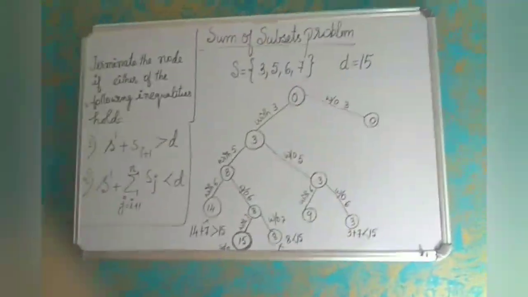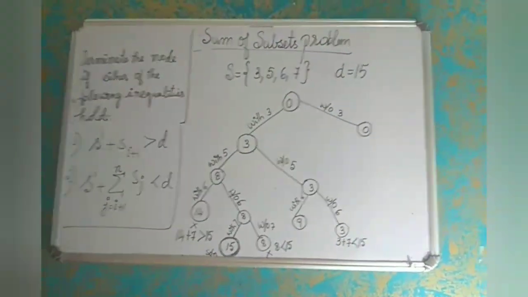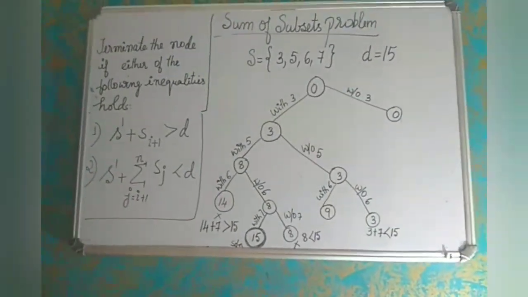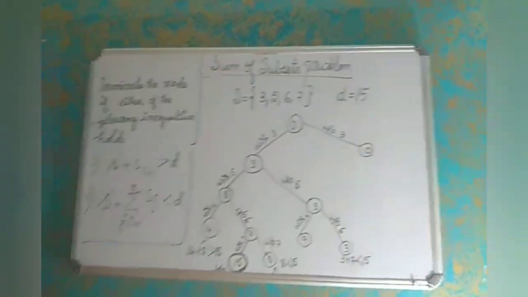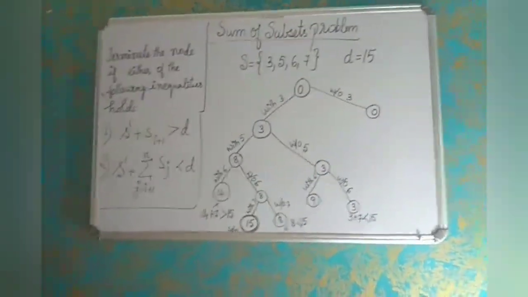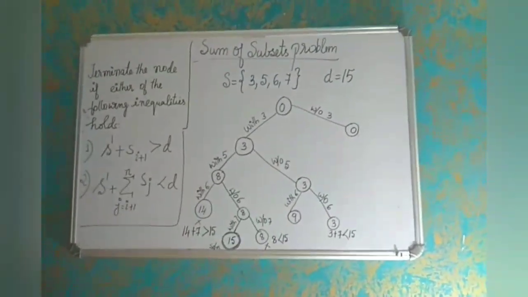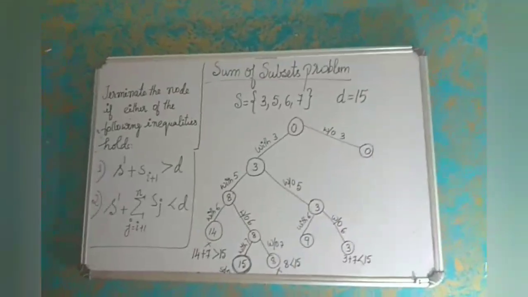Next, I told you it is a binary tree, so it will be having two children, left child and the right child. So in the left child we'll be considering the inclusion of the element S1. So here S1 is equal to 3, S2 is equal to 5, S3 is equal to 6 and S4 is equal to 7.